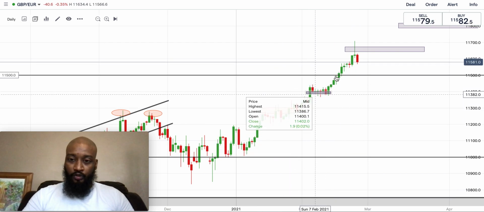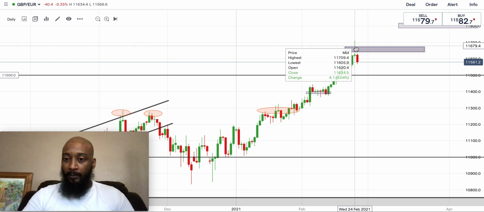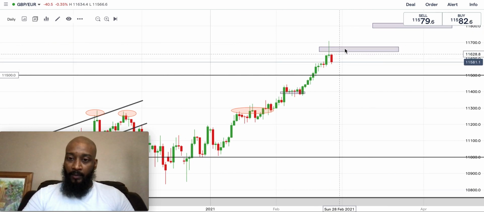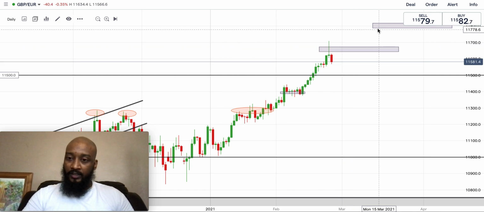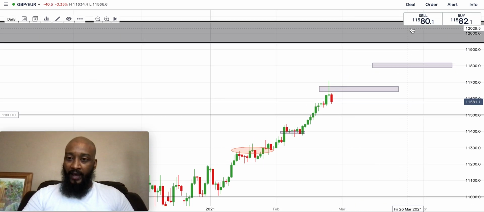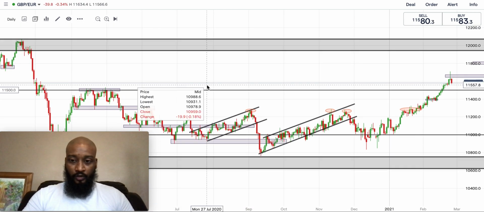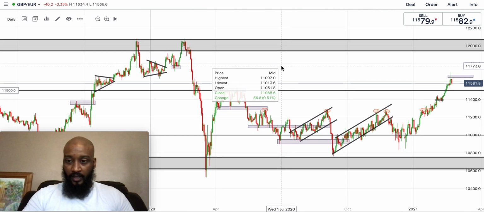Obviously, we've had a very strong, aggressive break up. So for importers, the next target that we're looking at, if we can get back above 116.50, is 118, and then above that 120 at the top of our 4.5 year range. I'll just try to see if I can zoom out a little bit so you can see what that looks like.